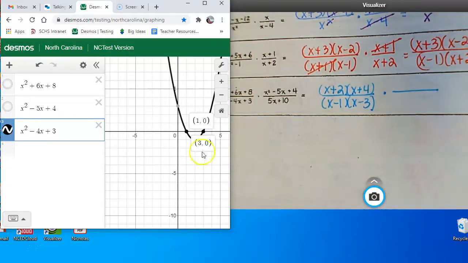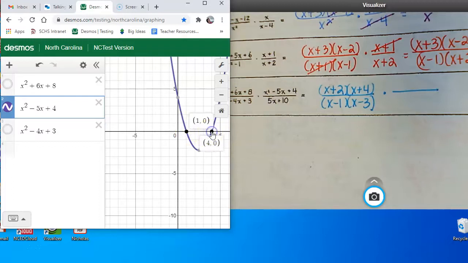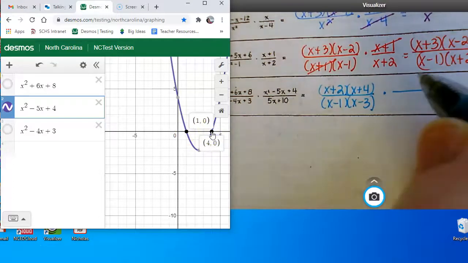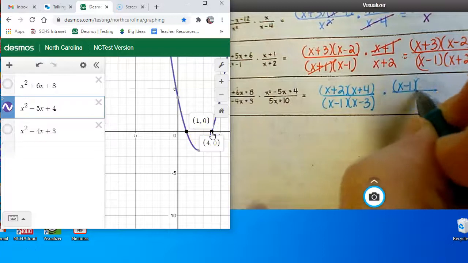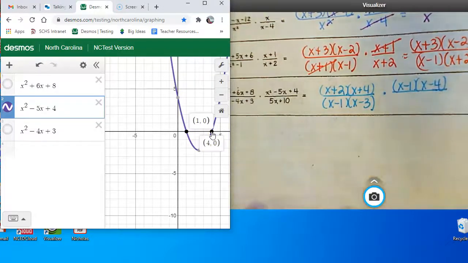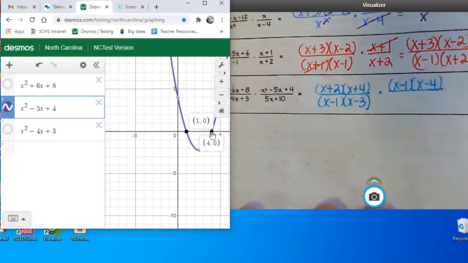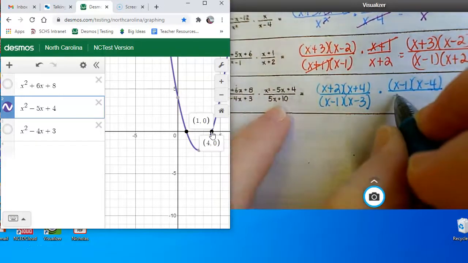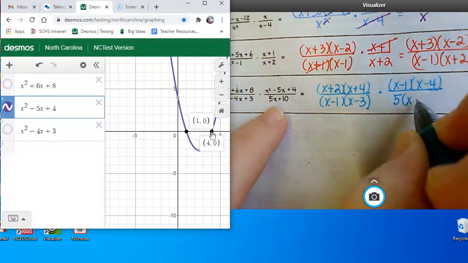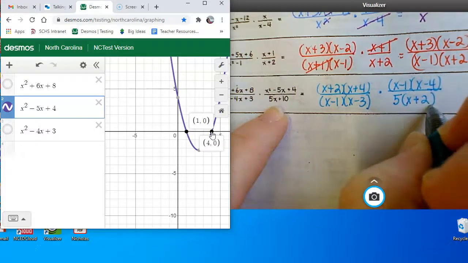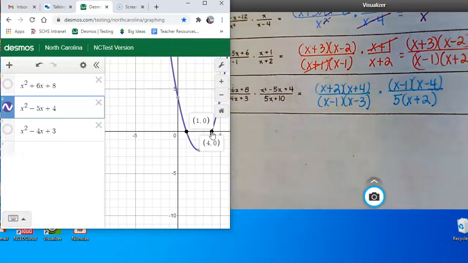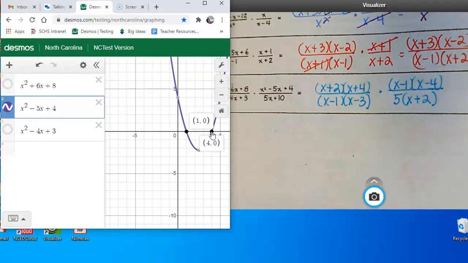Alright, on top, looks like we have that middle one. 1 and 4 are our factors. So x minus 1, x minus 4. And on the bottom, there's a greatest common factor, so they used all the kinds here. 5 goes into x plus 10, and you divide it by 5, so 5 times x plus 2. Okay, let's see what you can get rid of.